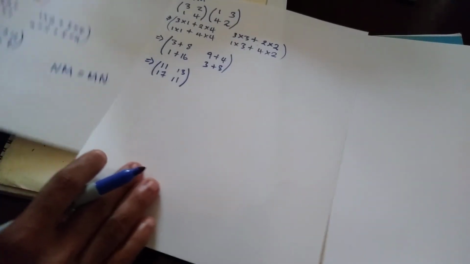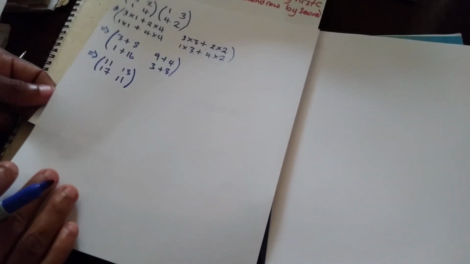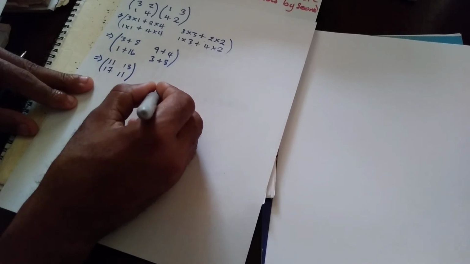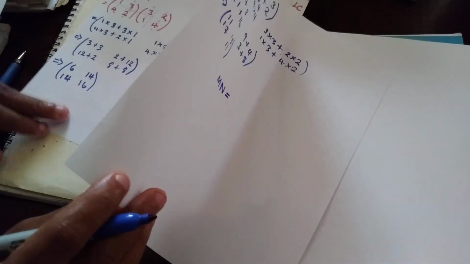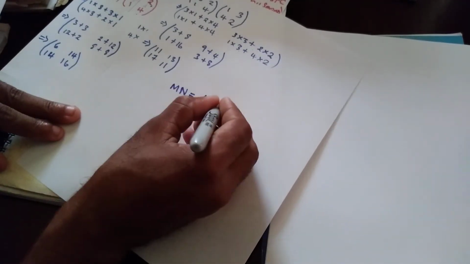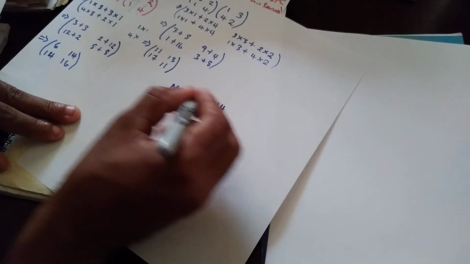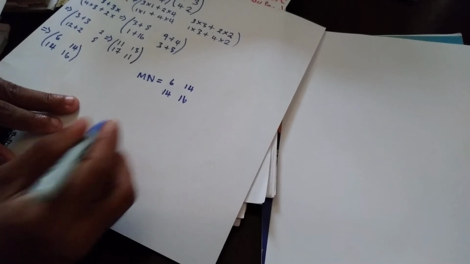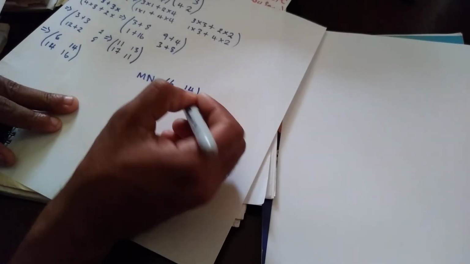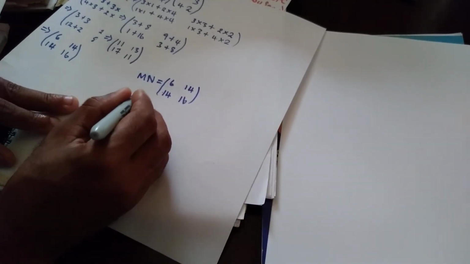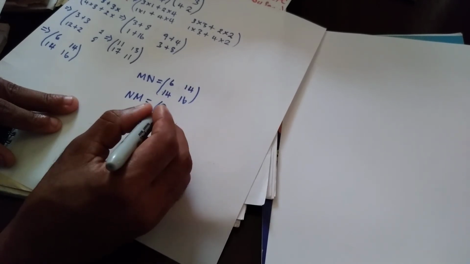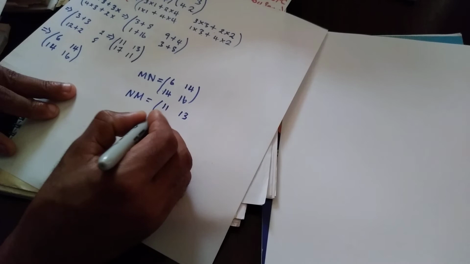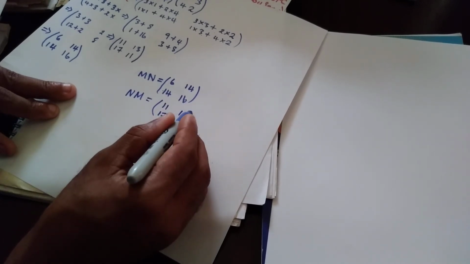So let's compare our answers. MN was equal to 6, 14, 14 and 16. That was what MN was equal to, and NM is equal to 11, 13, 17 and 11.